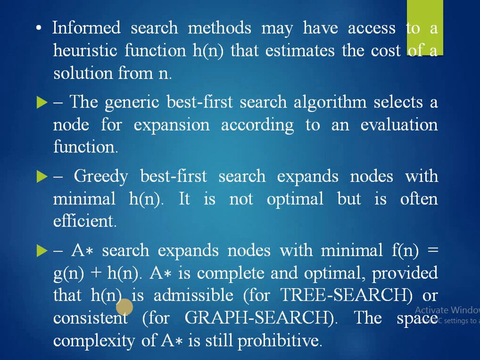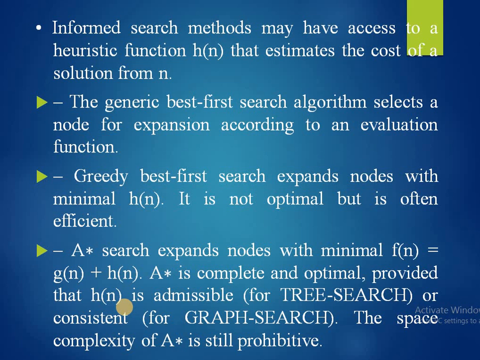What are the informed search methods? Informed search methods may have access to a heuristic function h of n that estimates the cost of a solution from n. The generic best first search algorithm selects a node for expansion according to an evaluation function. Greedy best first search expands nodes with minimal h of n.